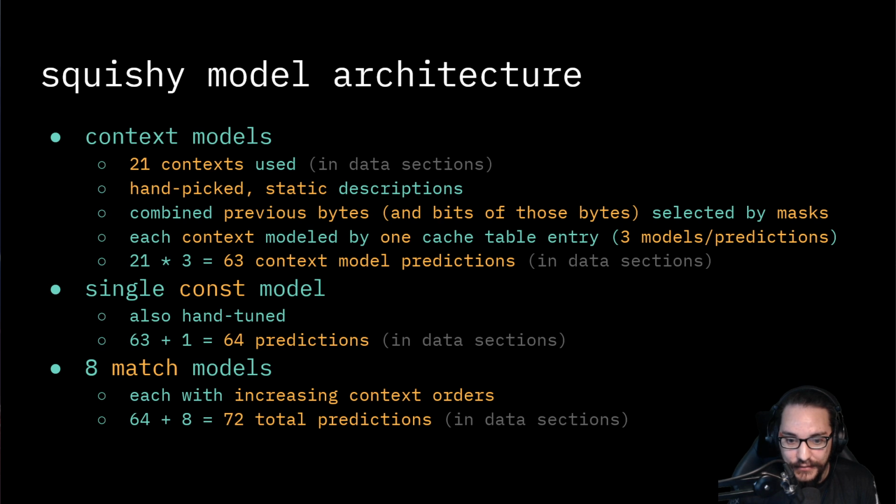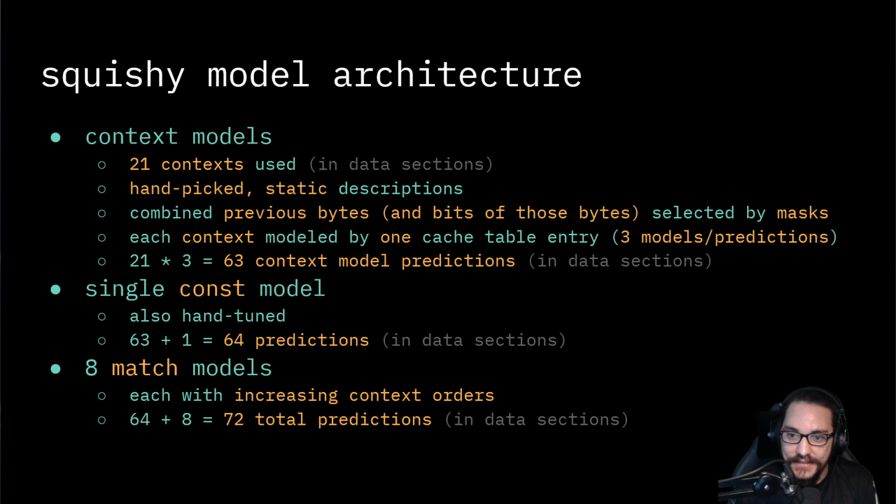Again, we'll get to the code stuff. The contexts that are actually selected are basically handpicked static descriptions, essentially a byte mask and a bit mask. It's whatever the previous bytes were, up to 8 bytes. There's a byte where each of the bits map to bytes that we're going to include in the hash. In addition, there's also a bit mask that masks all those bytes with a certain number of bits to construct that context.